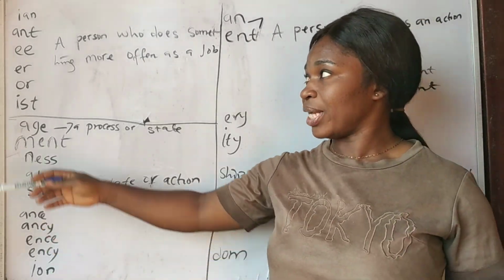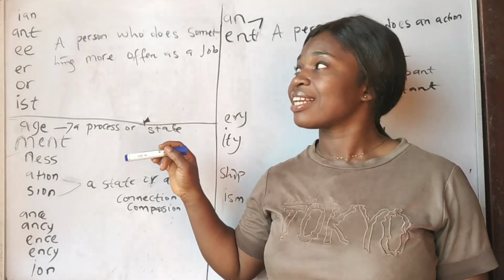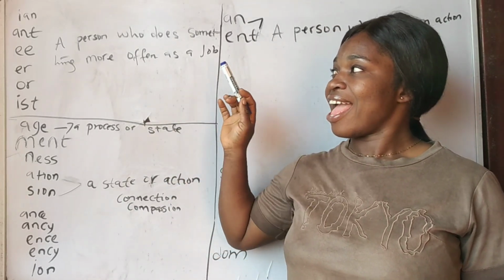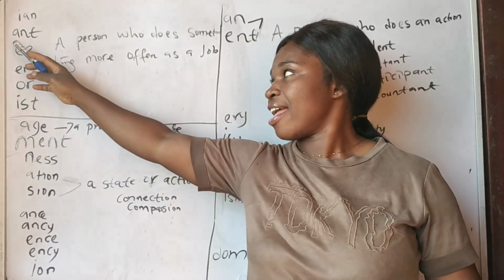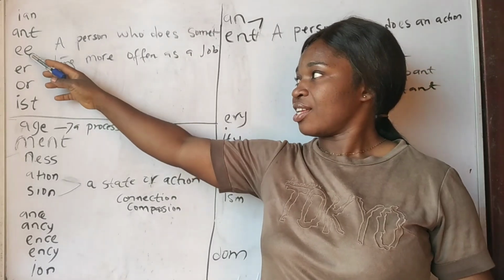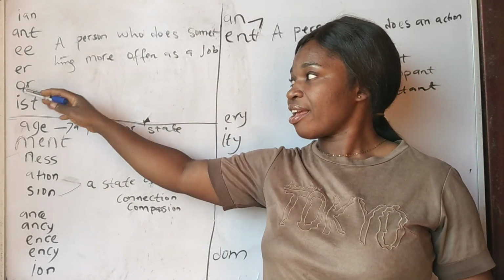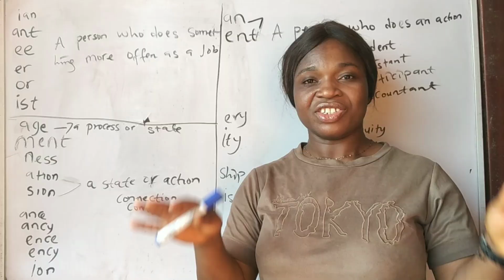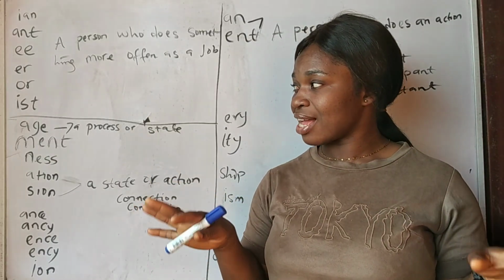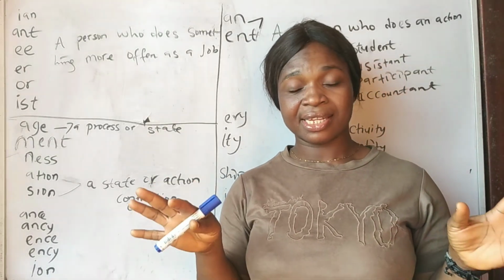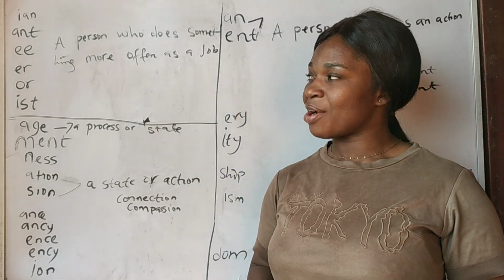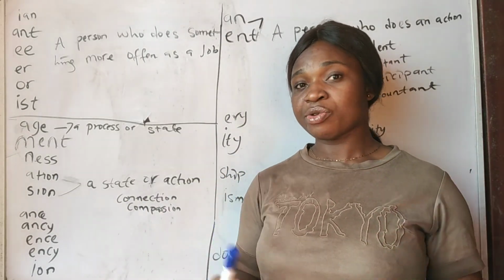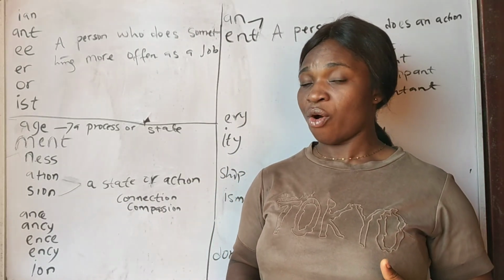I have the following: IAN, ANT, double E, ER, OR, IST. The reason why I'm trying to break this down as much as I can is because most of the time we have confusion using words right when speaking or writing.